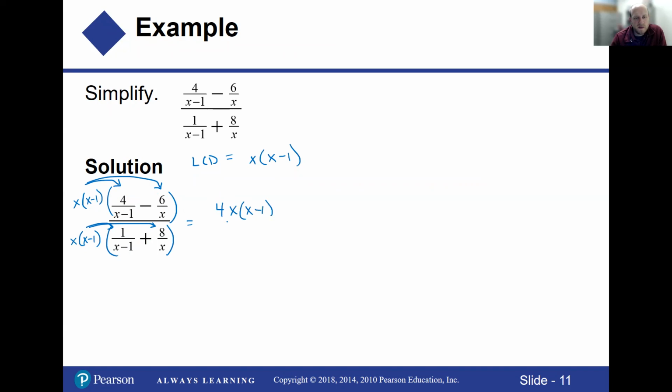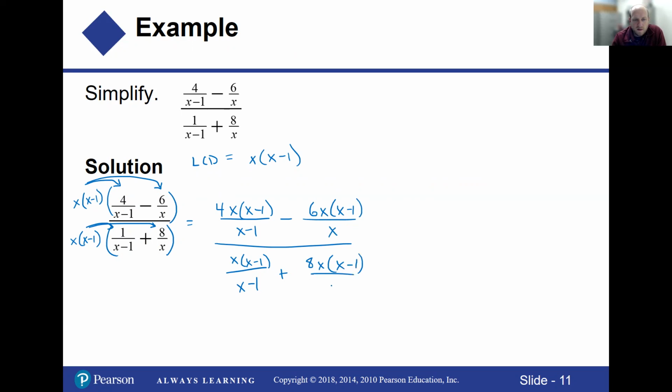times x minus 1 over the x minus 1 minus 6 times x minus 1 over x, all over 1 times x minus 1. I'll just write it as x times x minus 1 over x minus 1 plus 8 times x minus 1 over x.